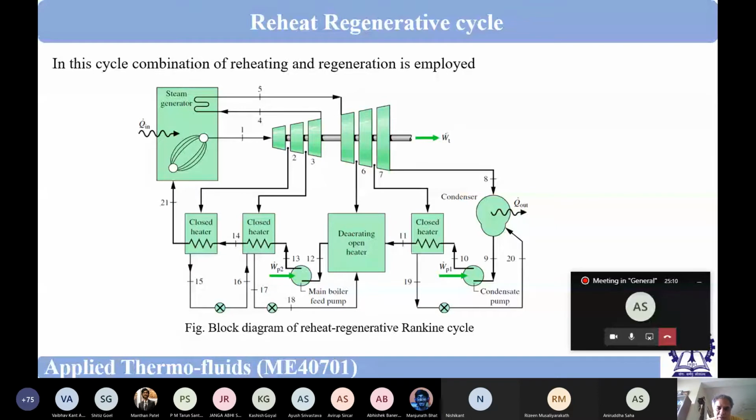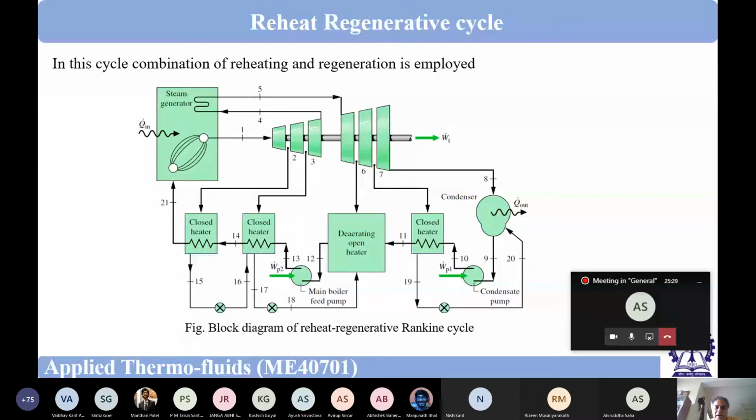So what is the way of venting off? These gases will be there in the steam, and then the steam and water are allowed to mix directly. Obviously steam will condense, and the permanent gases or non-condensable gases will not condense.